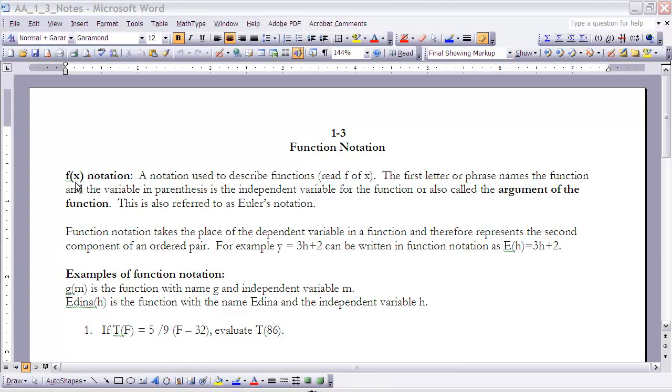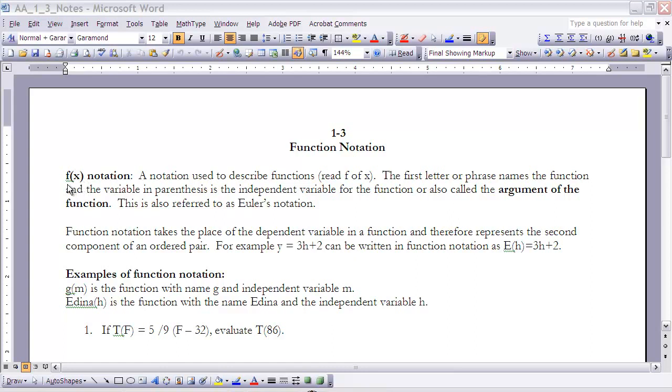That x, or whatever is in the parentheses, just tells you what the independent variable is in the function. The f is just naming the function. It doesn't have to be f. It could be g, it could be h, it could be m, it could be hornets, it could be Dinah, it could be anything. Okay? It just names the function.